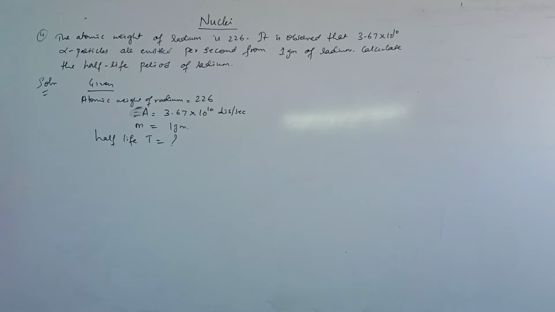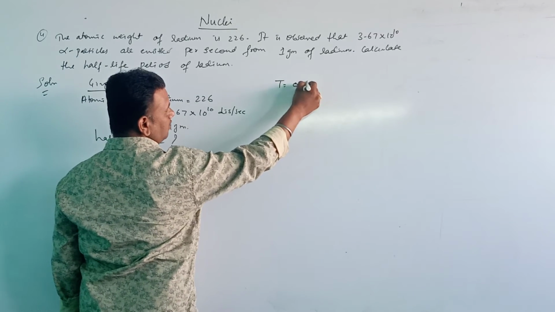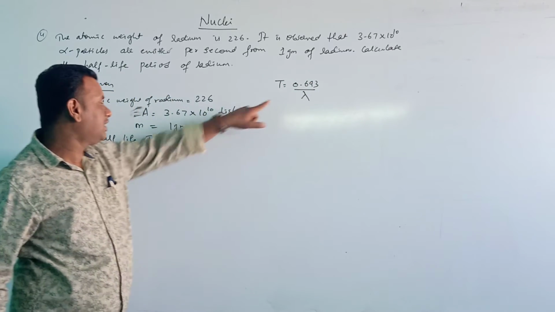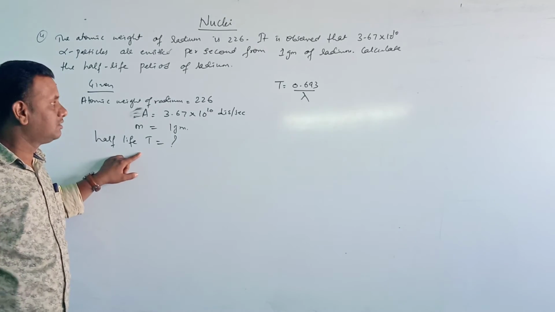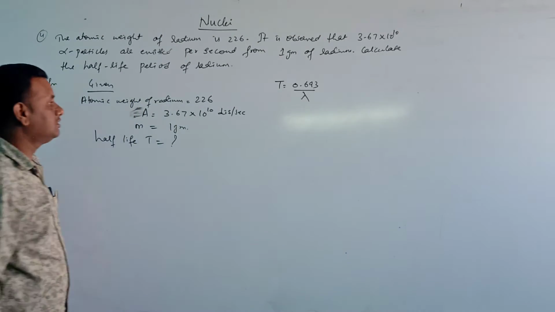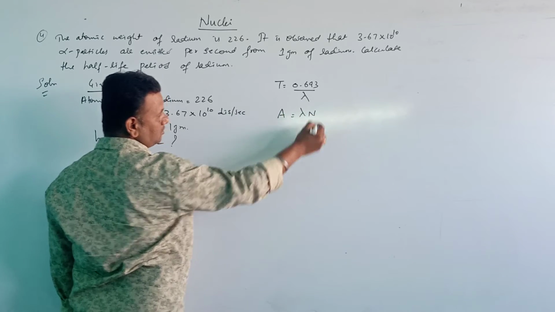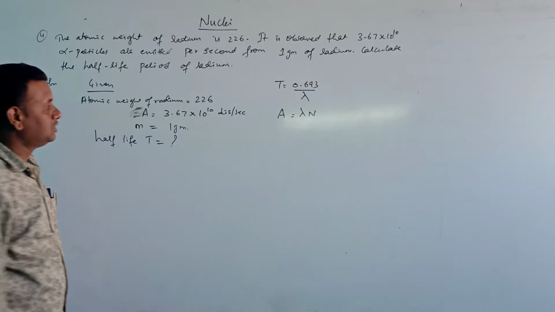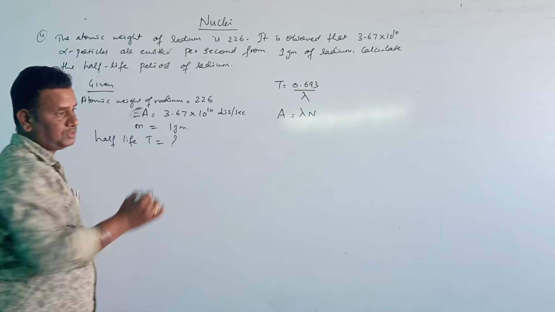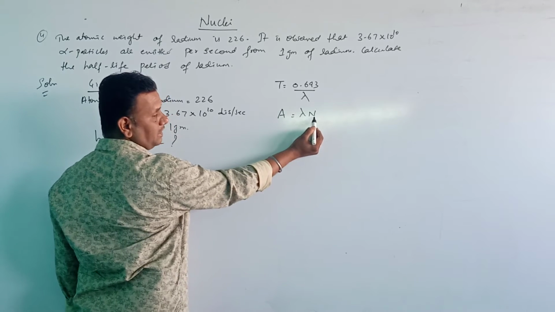Basically, to find the half-life, what is the formula? T is equal to 0.693 divided by lambda. Using this formula, we can find the half-life. But we don't know this lambda value, the decay constant, so let us use this relation: A is equal to lambda into n. We know the A value, the activity, the disintegration rate, but we don't know the n value.